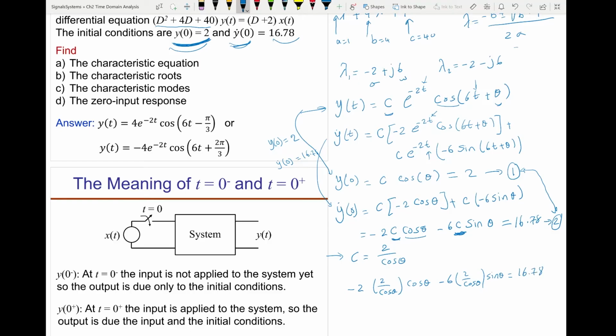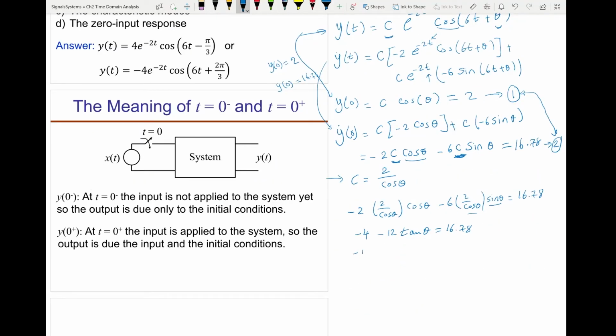This is just minus 4 minus 12 sine theta divided by cosine theta, which is tan theta, equals 16.78. And this will be minus 12 tan theta equals 20.78. I can solve now for tan theta equals 20.78 divided by minus 12.